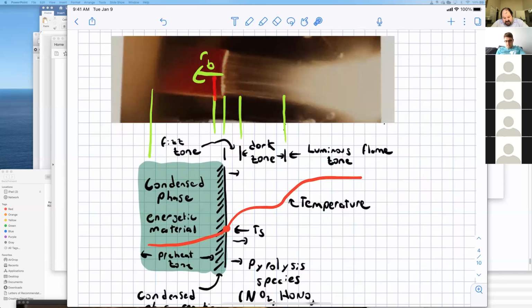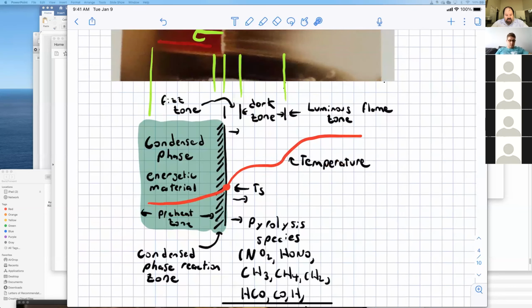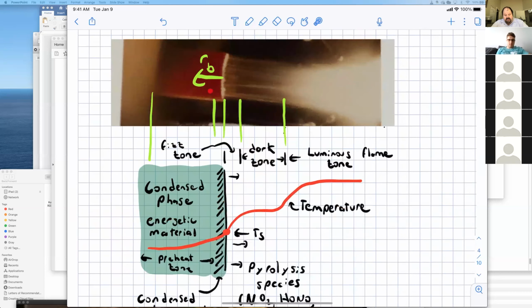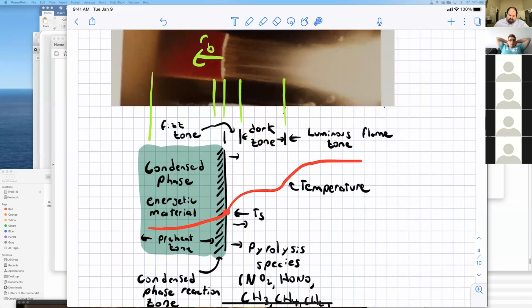Those occur in a very thin layer close to the top, and below that is a region called the preheat zone. Here, all we have is heat conduction, carrying heat from the surface down into the propellant itself. Okay, and I'll end with this diagram.